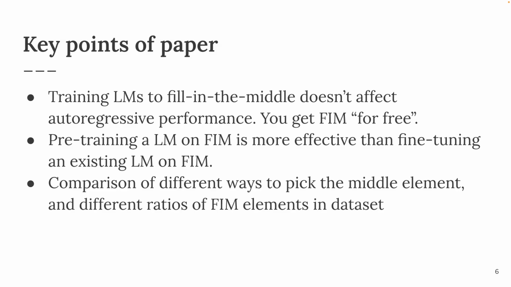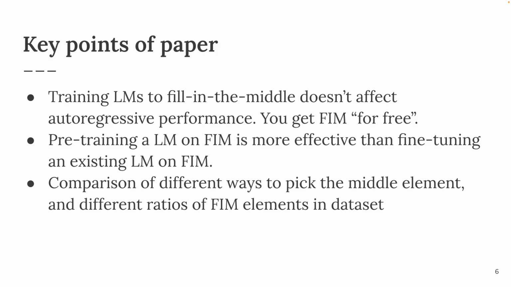That is interesting. And the final takeaway is more like analysis. What they do in the paper is a detailed comparison of different ways to pick the middle element, as I said earlier, from just a few tokens, to one sentence, multiple sentences, as well as comparing different ratios of fill in the middle elements to normal autoregressive elements in the dataset to find the best trade-off.